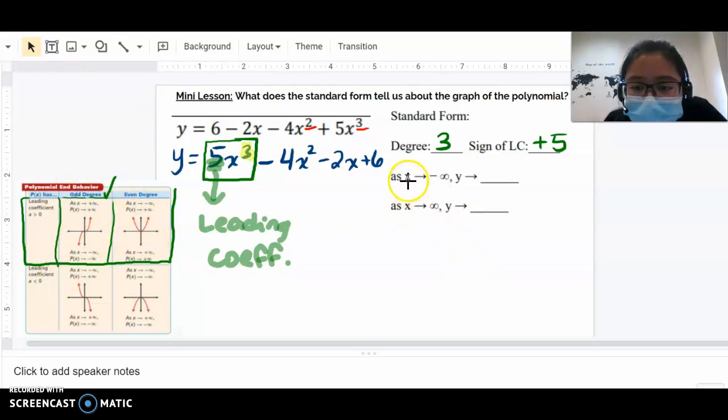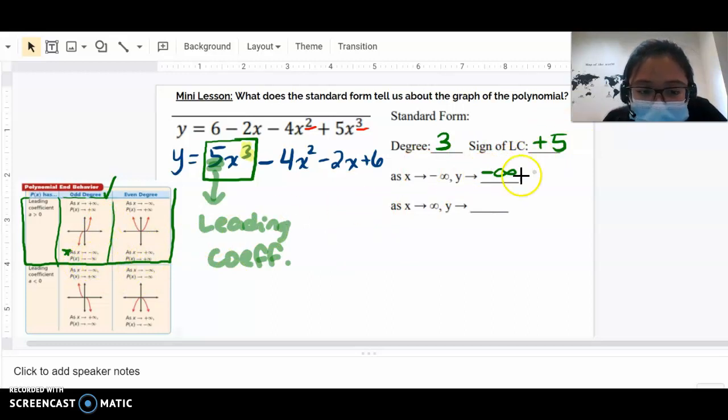So when I fill this out, as x is going to negative infinity, I just have to look over here. This is positive infinity. Okay, my negative infinity is right down here. As x goes to negative infinity, y is going to negative infinity. So I'll write that.